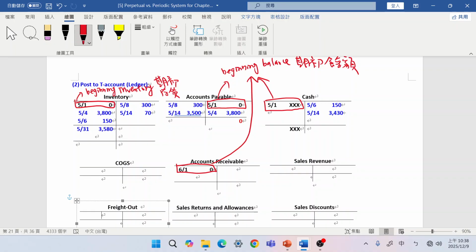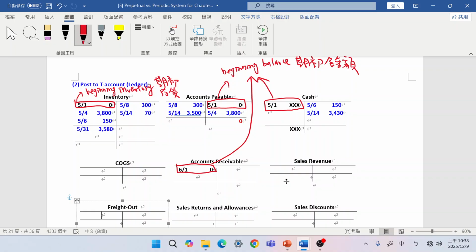So for asset, liability, equities, their numbers are accumulated, so they will need the numbers from previous years. So previous year's data is in the beginning balance, okay? So for revenue, expenses, dividends, their numbers are only for 1 year, so they don't need a beginning balance, okay?